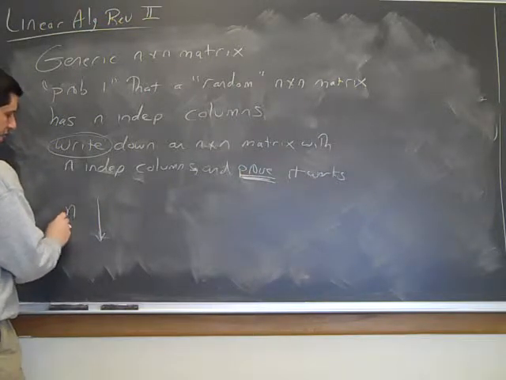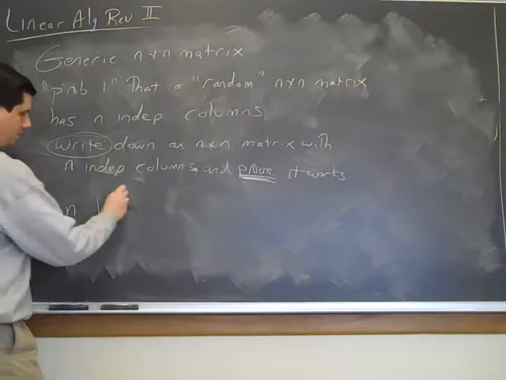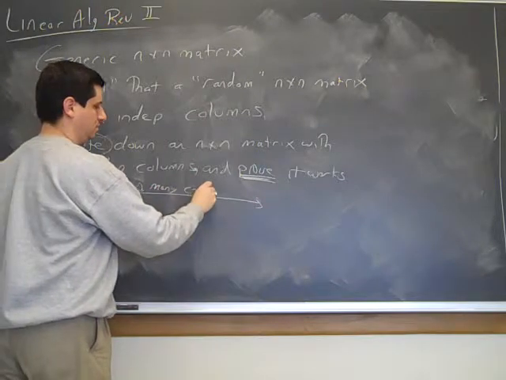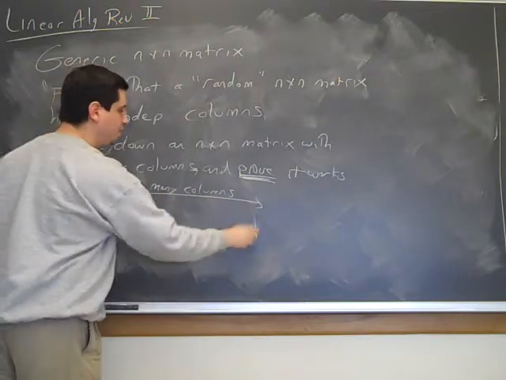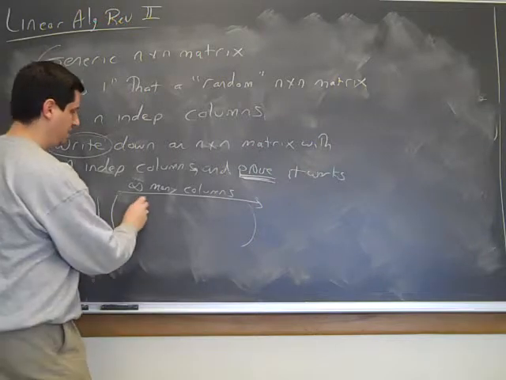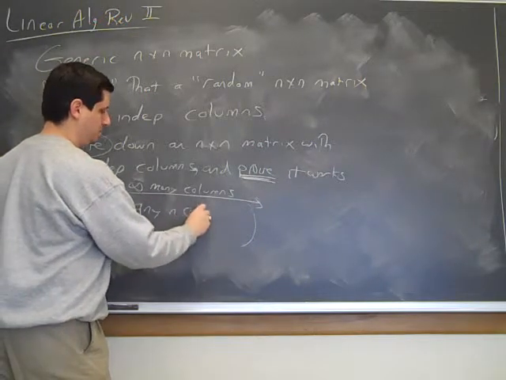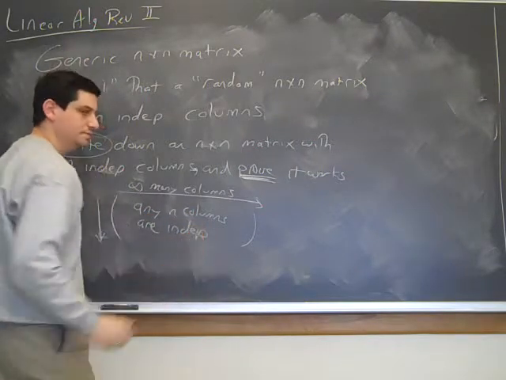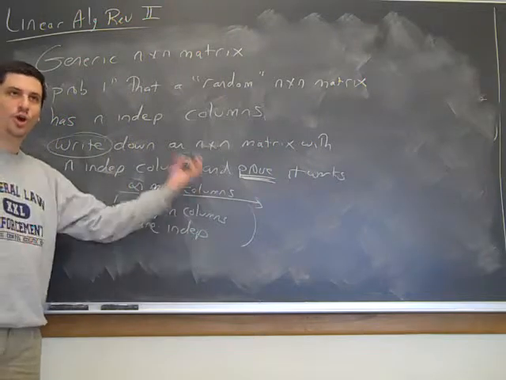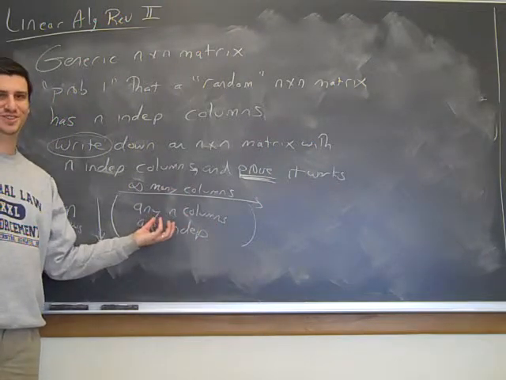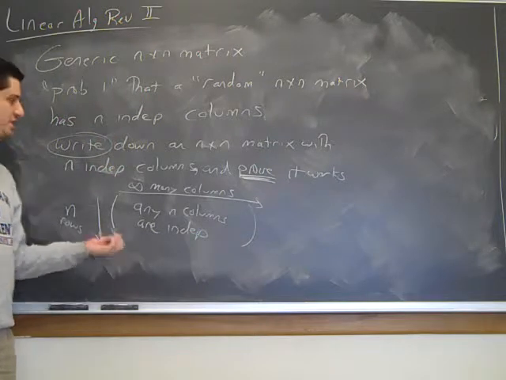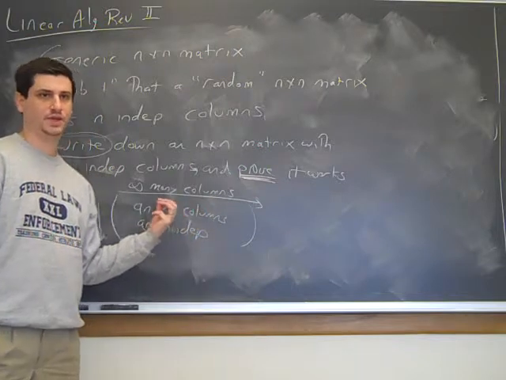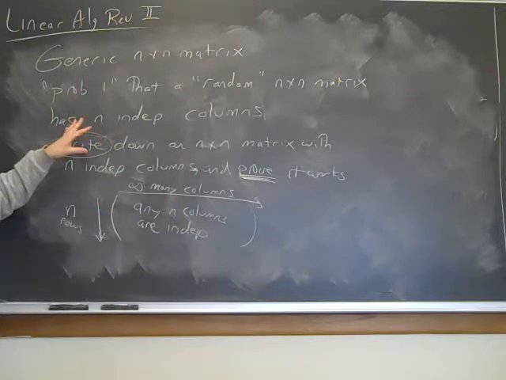You can take n rows and infinitely many columns, and you can fill in a matrix such that any n columns are independent. It turns out, again, almost any choice of matrix will work. But there's an explicit procedure that allows you to do this, so that no matter which columns you choose, it will be independent. This is going to be extremely important for us when we do linear programming.